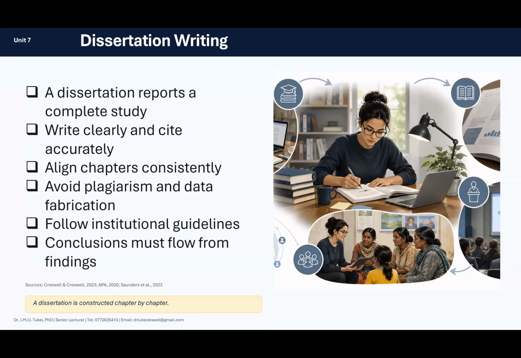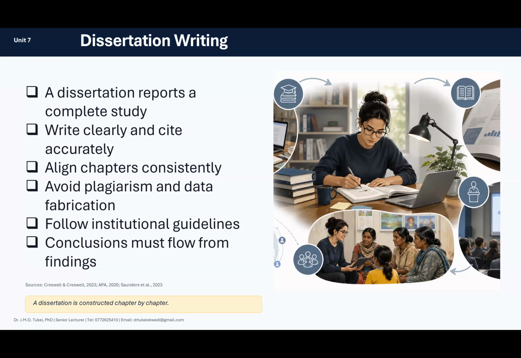We're looking at unit number 7, which is the last one. A dissertation reports a completed research study and demonstrates the student's ability to conduct and communicate independent scholarly inquiry. It normally includes preliminary pages and the body, which has the introduction, the literature review chapter, the methodology chapter, the results chapter, then the discussion and recommendation chapter.